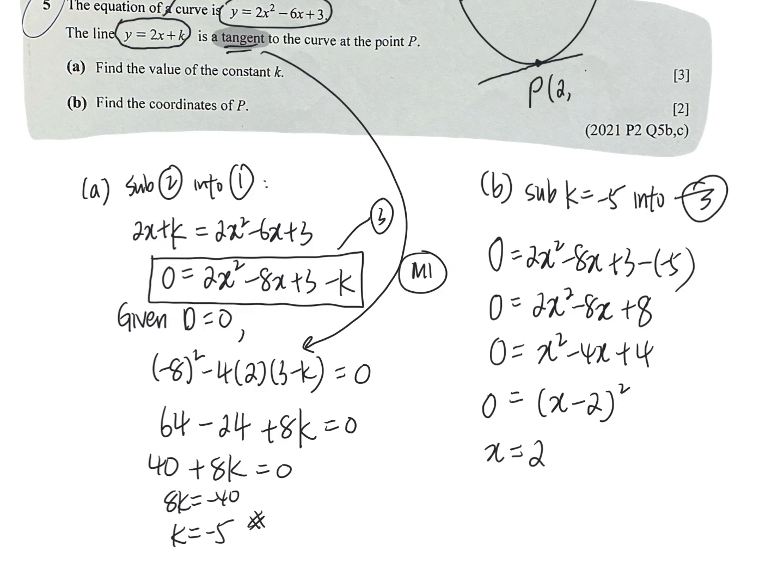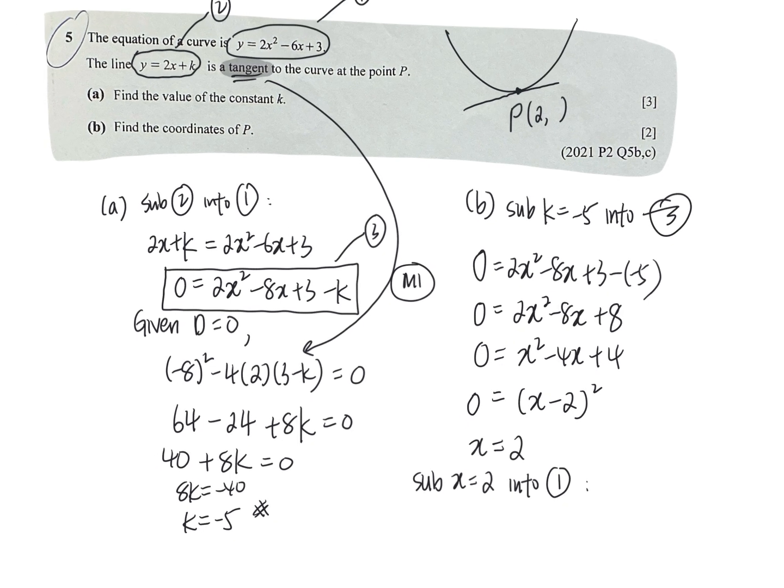You need to go and find what's the y value. So sub x equals 2 into the linear equation. Don't sub into the quadratic because you'll end up having 2 solutions. So into equation 1. So your equation 1, is it the right place?